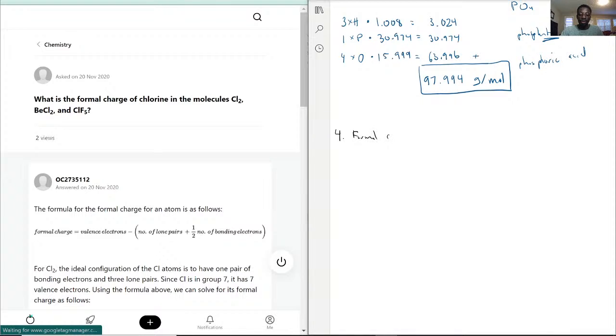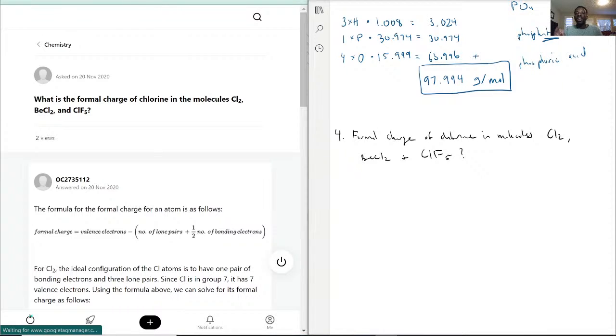So formal charge of chlorine in molecules Cl2, BeCl2, and ClF5.